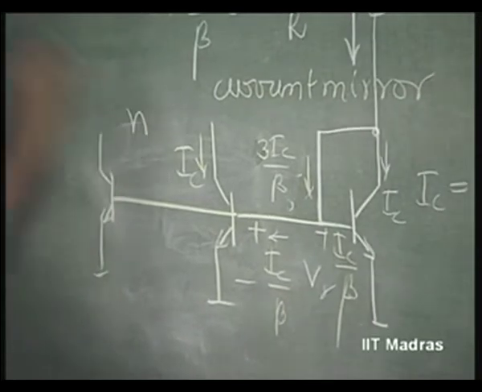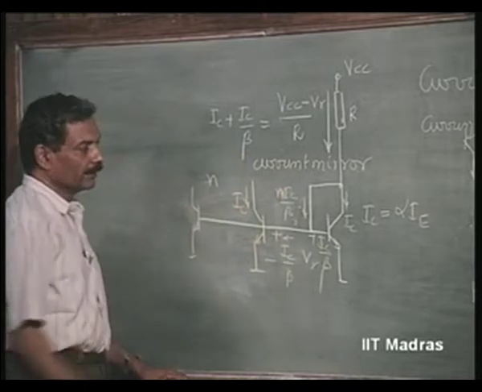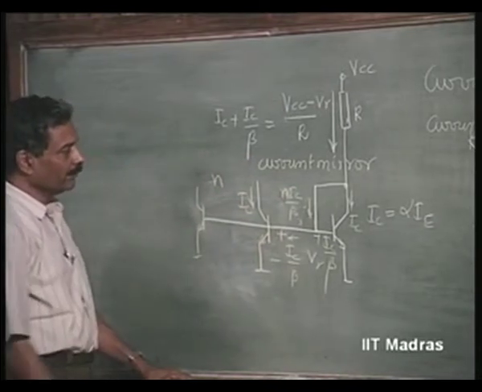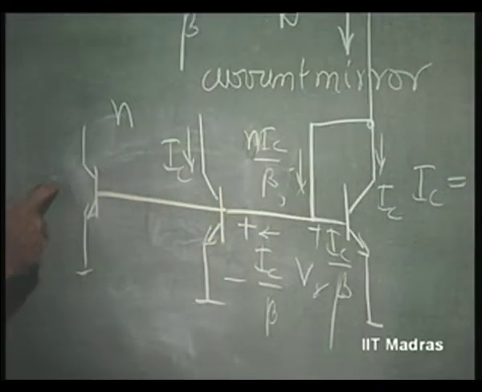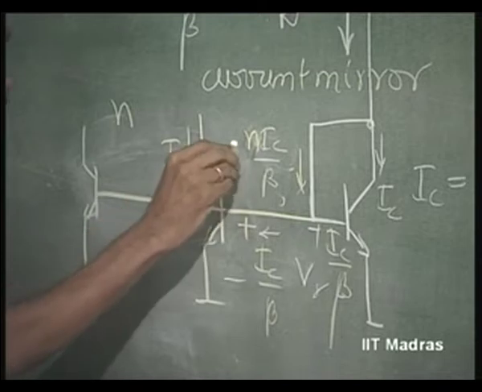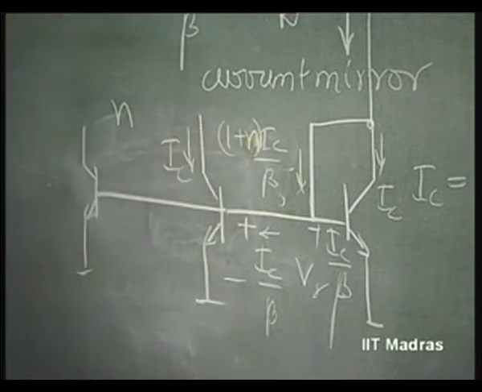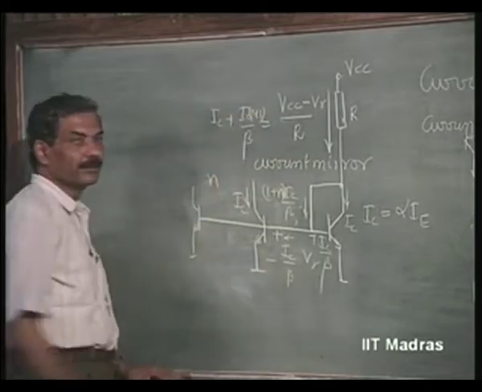Therefore, if I connect n such transistors, it will become n times IC by beta plus 1 of this, right. So, that means here you get this as n plus 1.